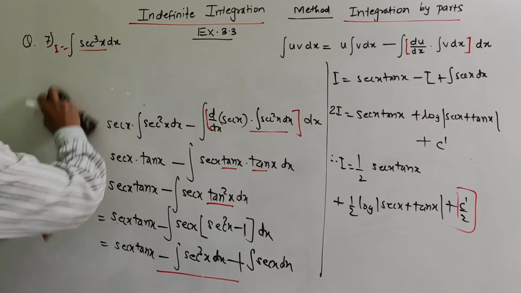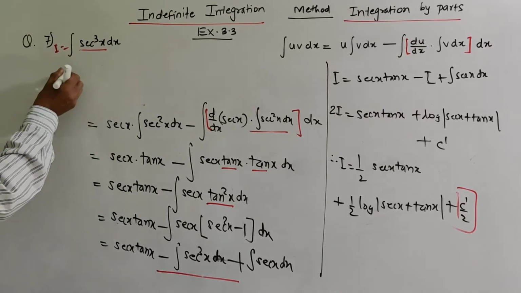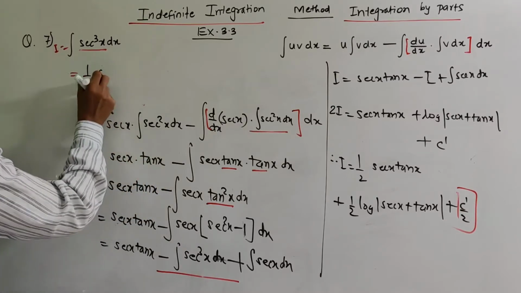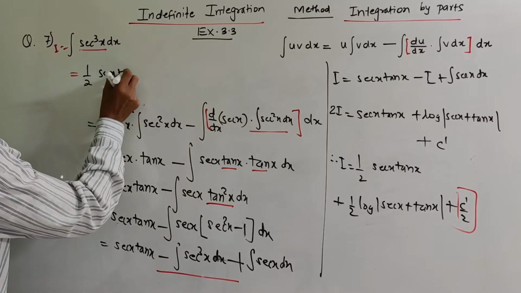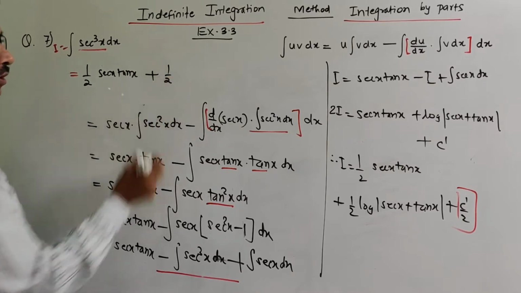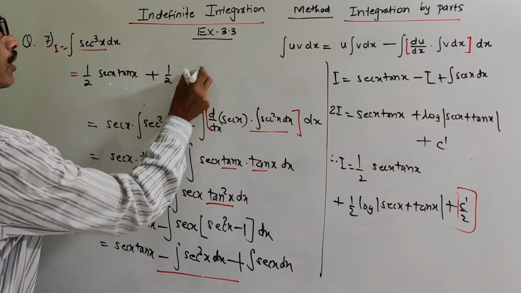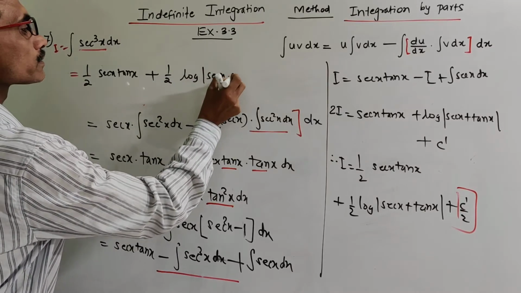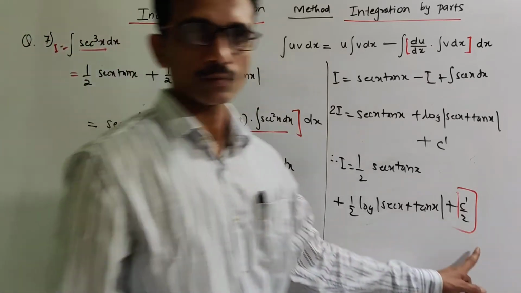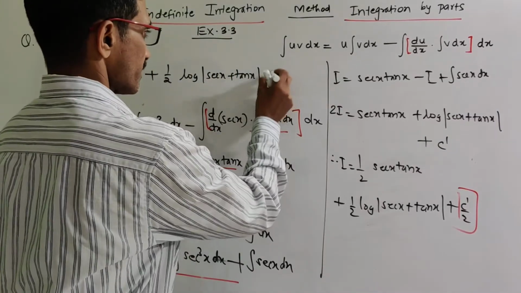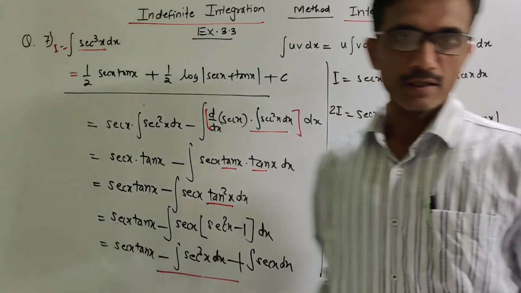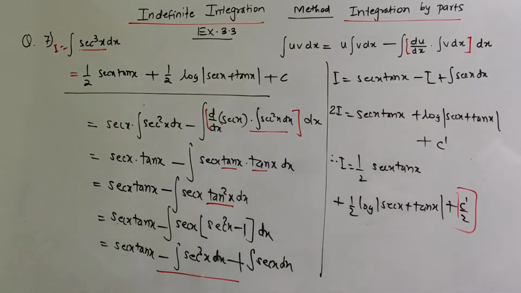Integral sec cube x is equal to 1 by 2 sec x into tan x plus 1 by 2 log of sec x plus tan x plus c. So this is our answer, integral sec cube x.